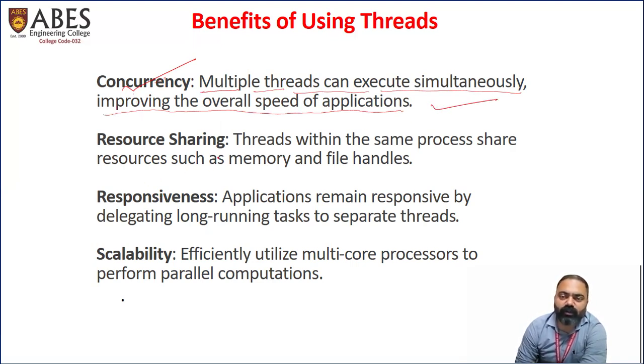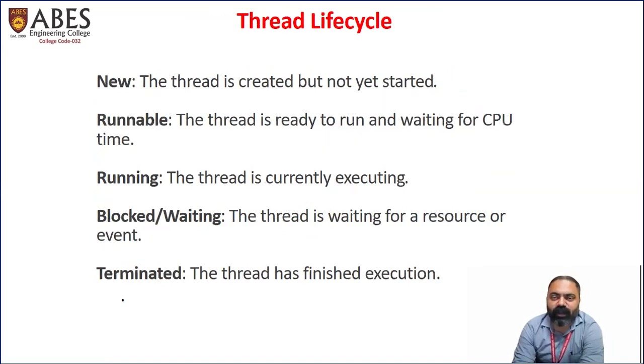Resource sharing: threads within the same process share resources such as memory and files. Responsiveness: applications remain responsive by delegating long-running tasks to separate threads. Scalability: efficiently utilize multi-core processors to perform parallel computation. These are the benefits of threads.